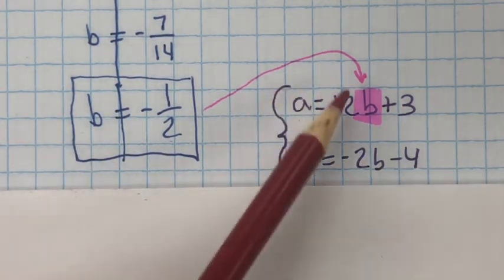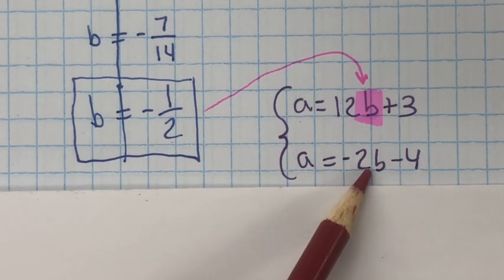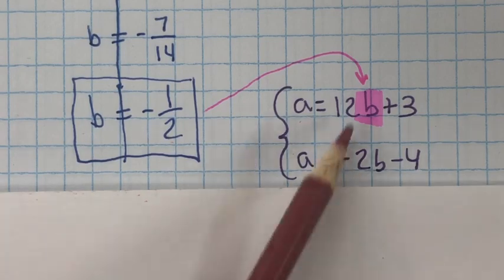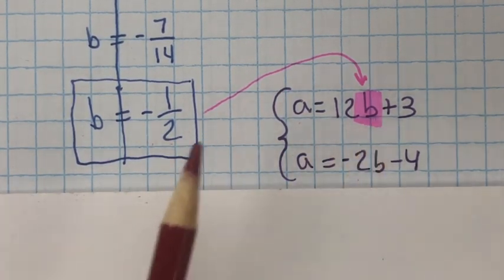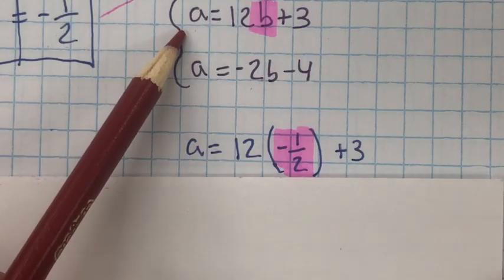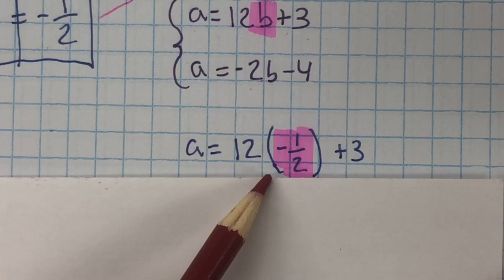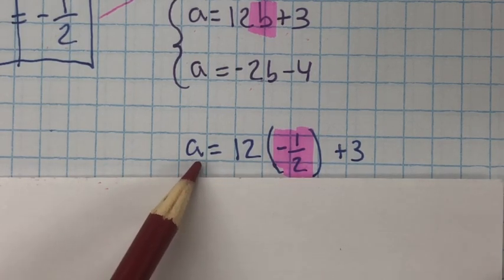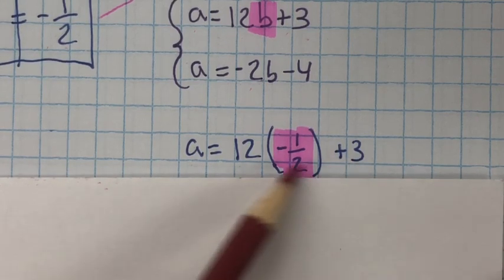And here's the original system. I could choose either equation to substitute it back into. But I'm going to plug negative 1/2 in for b. So I have a equals 12b plus 3. Well, b, we said, equals negative 1/2. So now I have 12 multiplied by negative 1/2 plus 3.